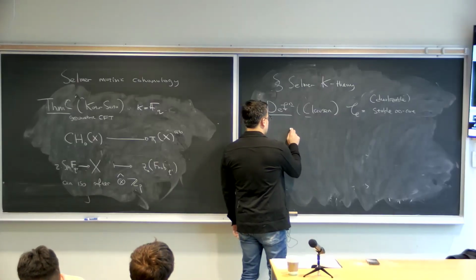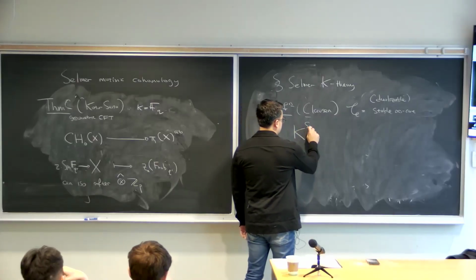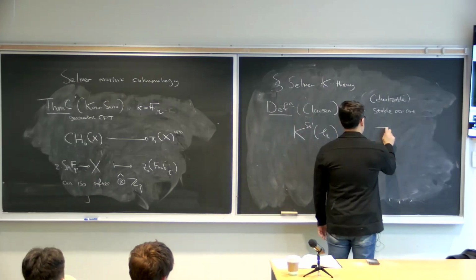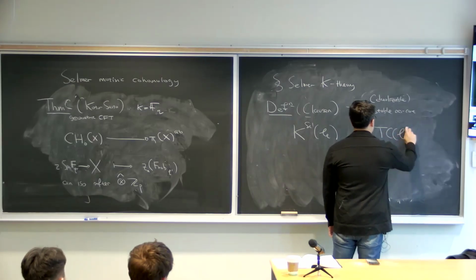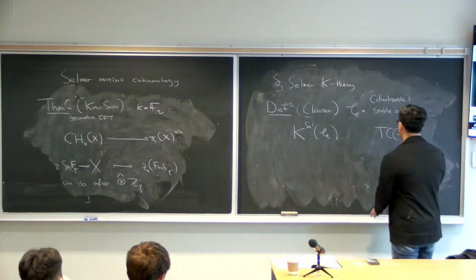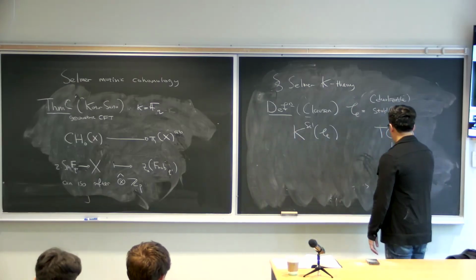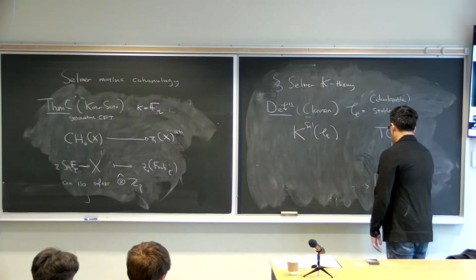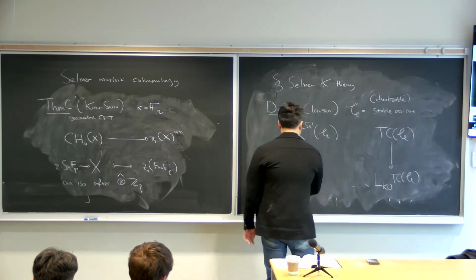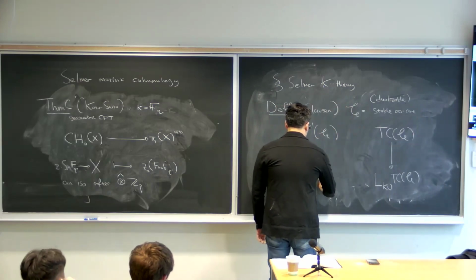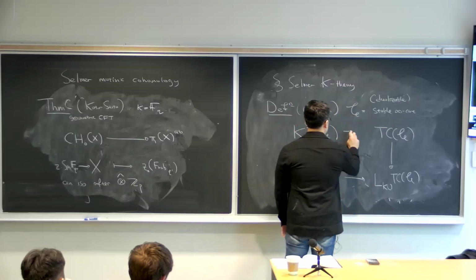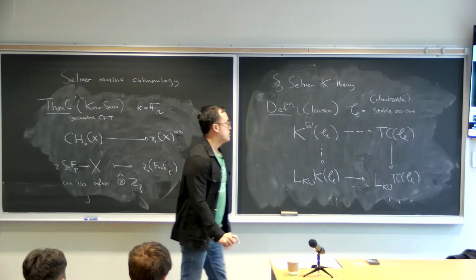Then by definition, the Selmer K-theory of C, K^Sel of C, is the following pullback. You have topological cyclic homology TC of C, with a map to the KU-localization of TC of C, and then there's the trace map to the KU-localization of C. You take this pullback square.